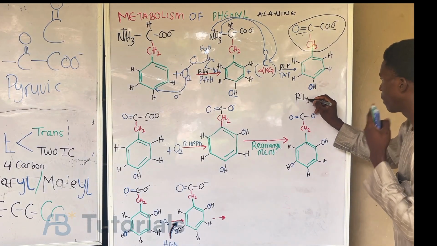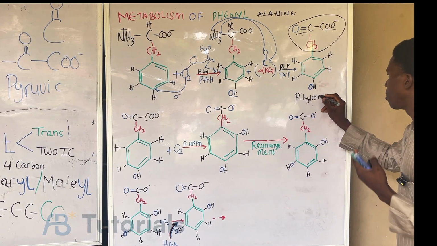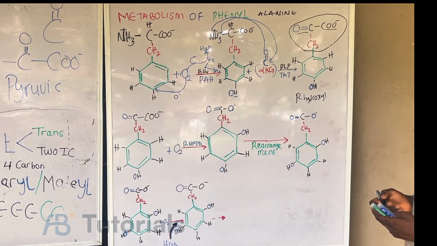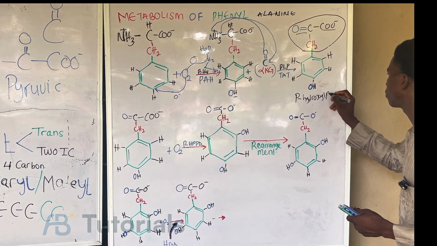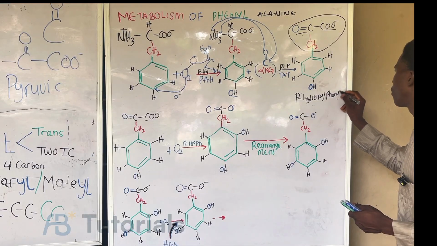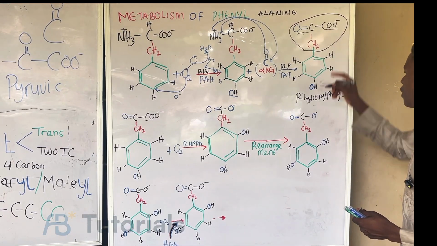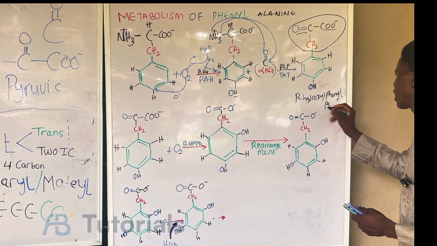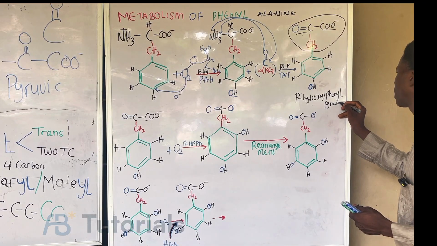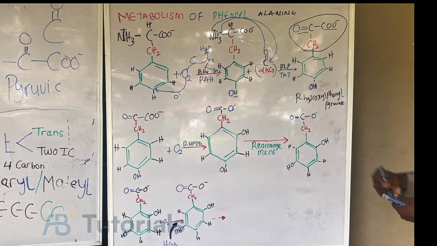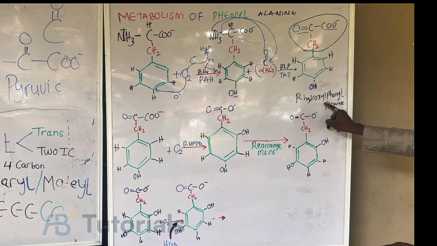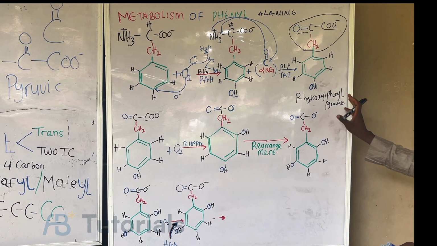P hydroxyl phenyl, because it is on the phenyl. P hydroxyl phenyl pyruvate. Now I think you understand why I call it pyruvate and not pyruvic acid, because the H is not there, right? So this is called P hydroxyl phenyl pyruvate. I hope it is clear.